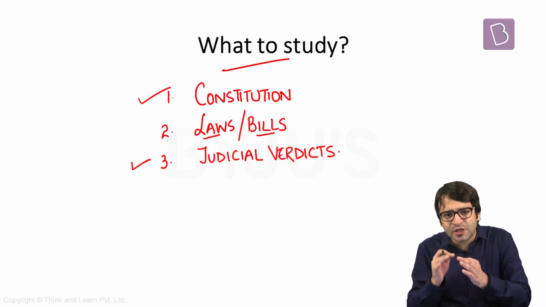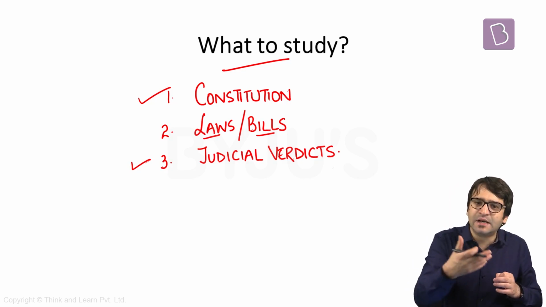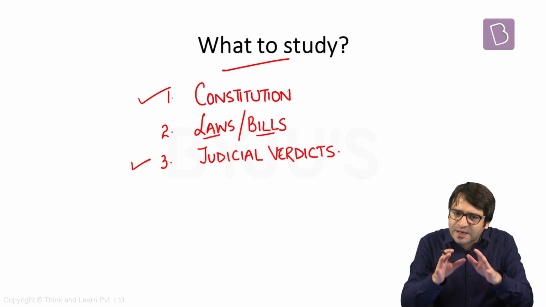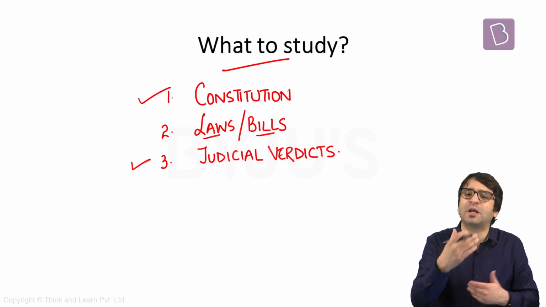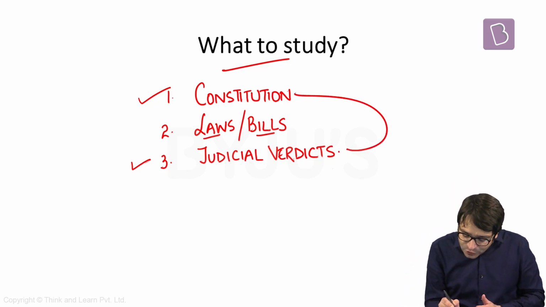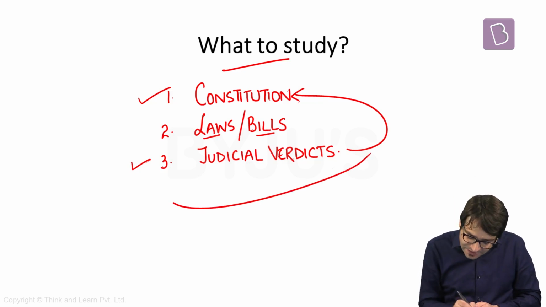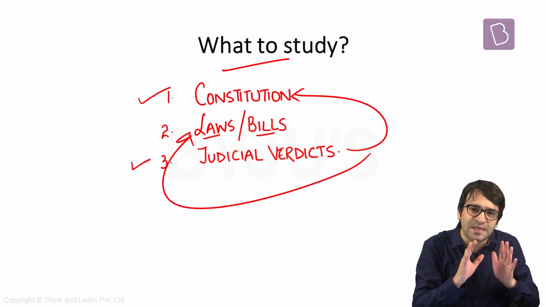Does that mean each and every judicial order or each and every case decided upon by the Supreme Court, you will have to study? No. All those important judicial pronouncements and verdicts which are related to the Constitution, which are related to the laws passed by the Parliament, become the subject matter of your examination.